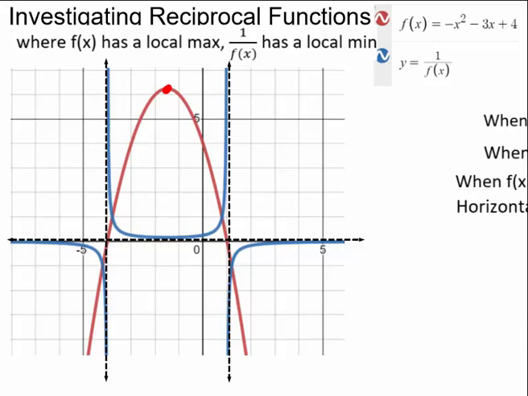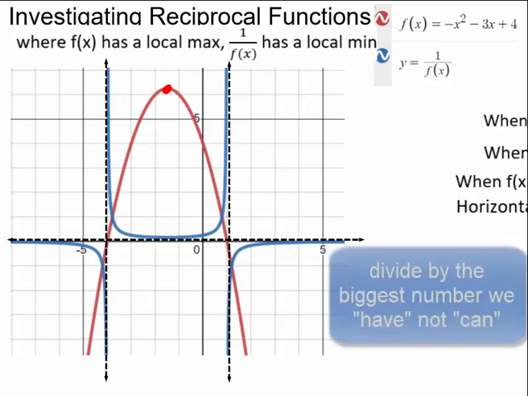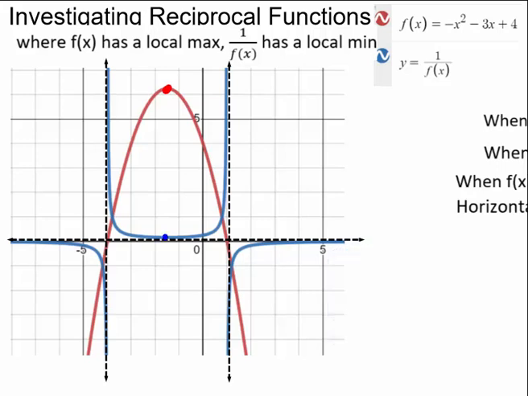And so when I'm dividing 1 by the biggest number I can, I end up with the smallest number I can. And so where there is a local maximum on my original, there will be a local minimum on my new graph. And once again, the opposite is true as well. If I did have a local minimum here, because it would be the smallest number, 1 divided by the smallest number I have will get me the biggest number on the second graph.